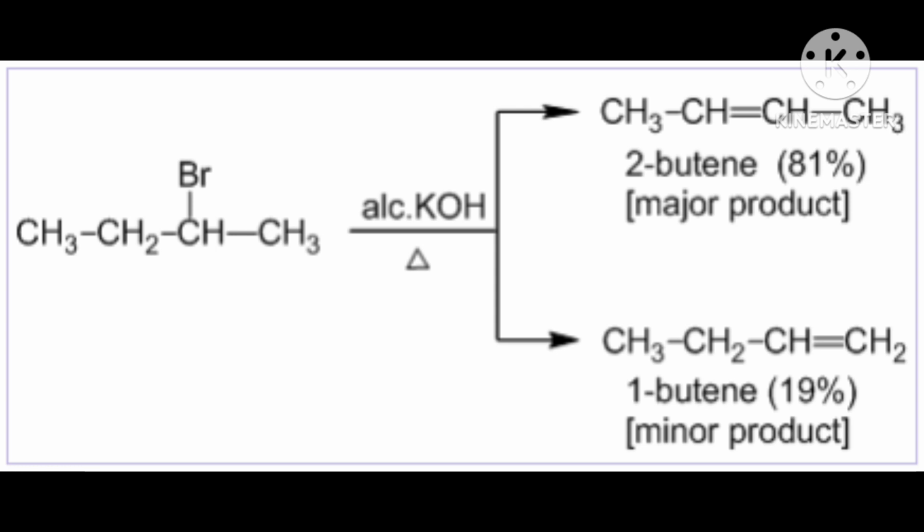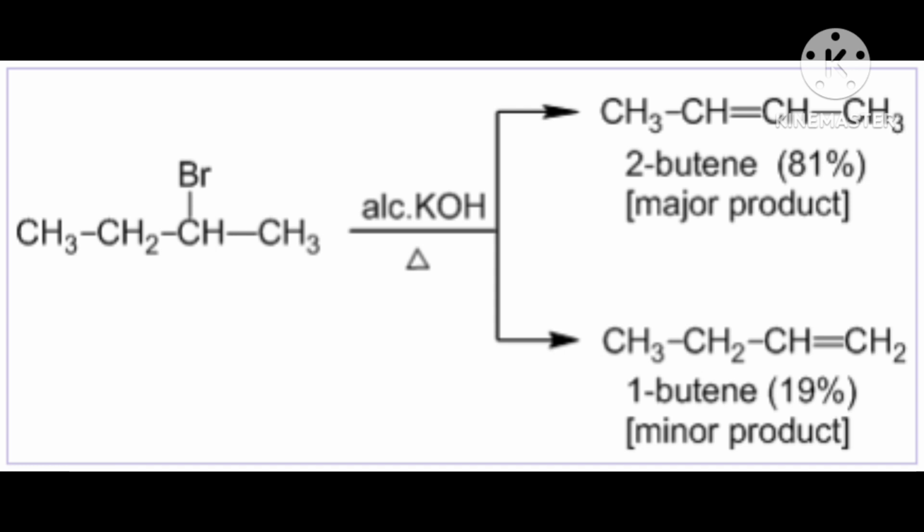But what is the major product? The bromine was on the second carbon. Now the adjacent carbon, means the third carbon, if its hydrogen leaves with bromine, then there also it can form the double bond. Now this is pent-2-ene.